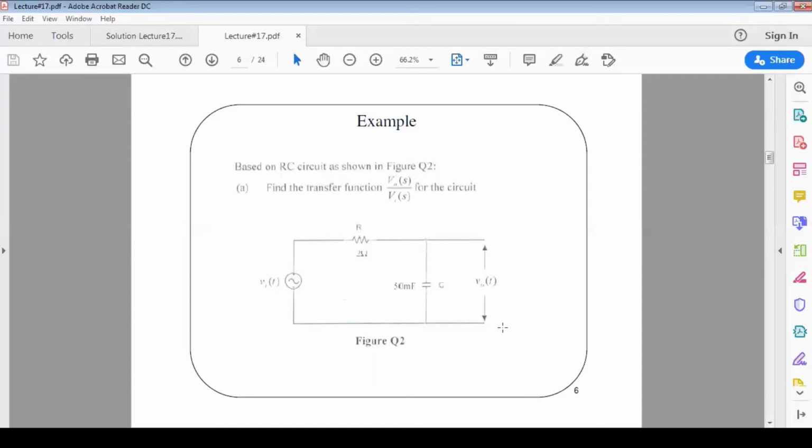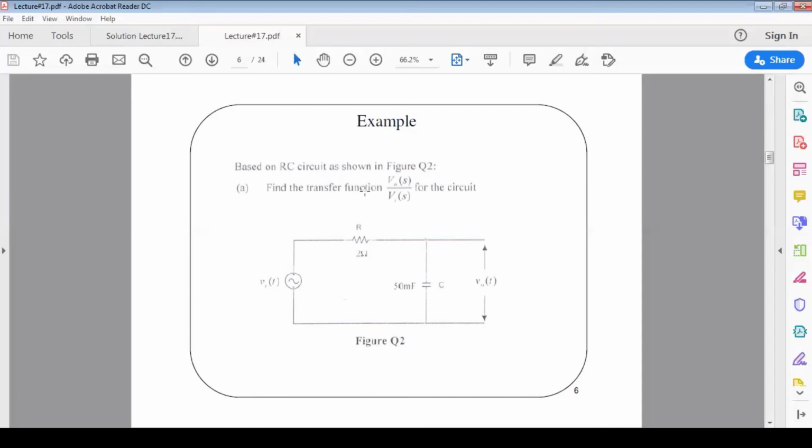The circuit that we have in this example consists of two components only, which are the resistor R of 2 ohm and the capacitor C of 50 microfarad. So the question is, we need to obtain the transfer function.